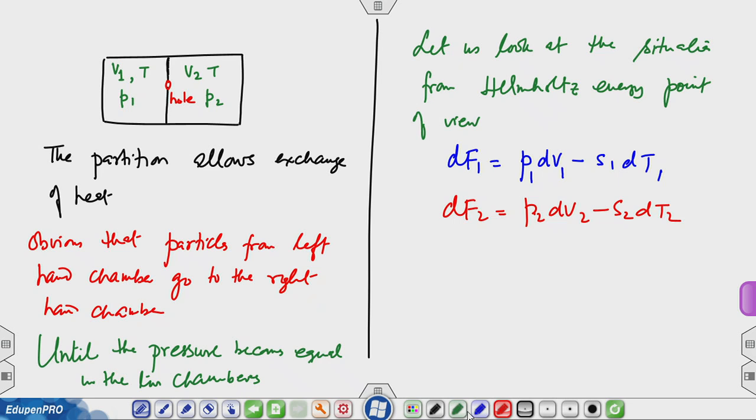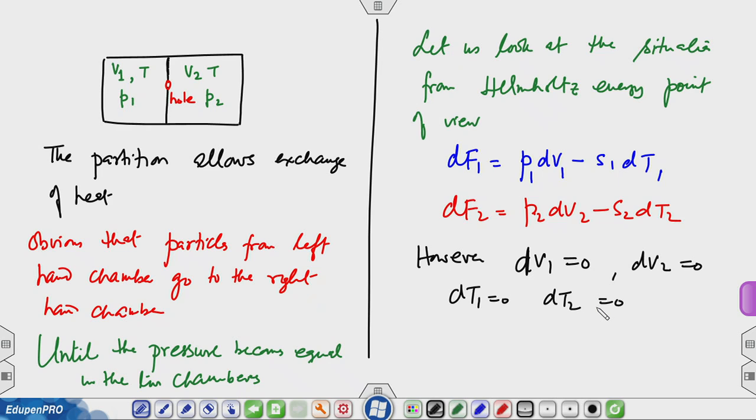However, dV1 is equal to 0, dV2 is equal to 0 because the chamber volumes are fixed, dT1 is equal to 0, and dT2 is equal to 0.